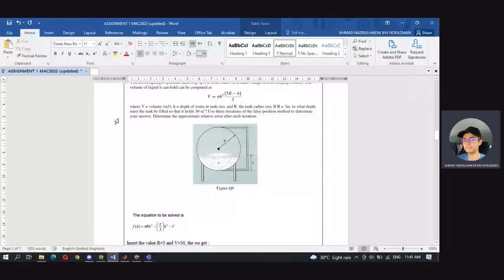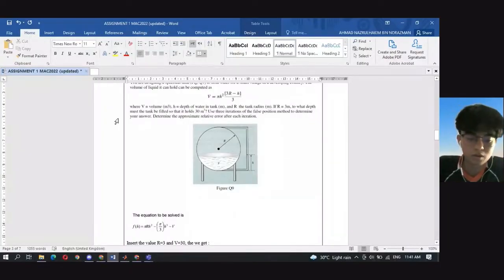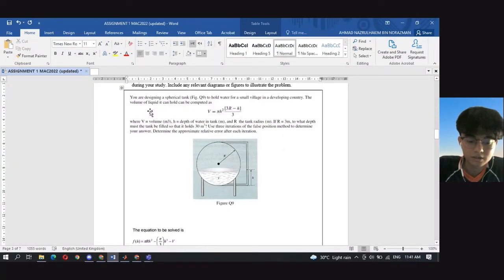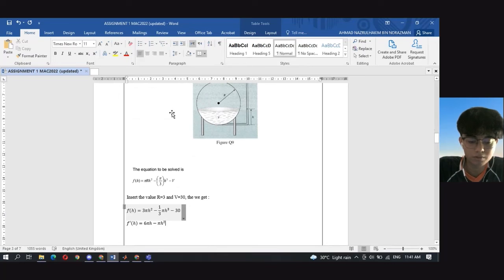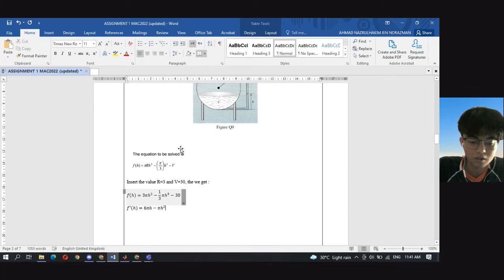Assalamualaikum warahmatullahi wabarakatuh. My name is Nazrul and I will show you how to solve my case study using the numerical method. In this case study, I need to find the height of the water in the spherical tank if it is filled with 30 meter cube of water. For using the numerical method, I need to derive the function and get initial guesses.